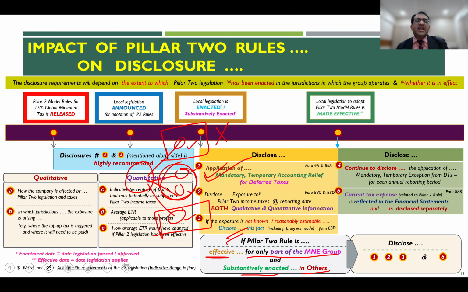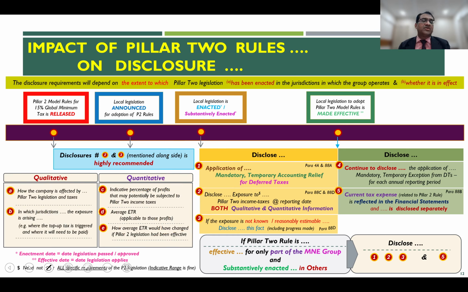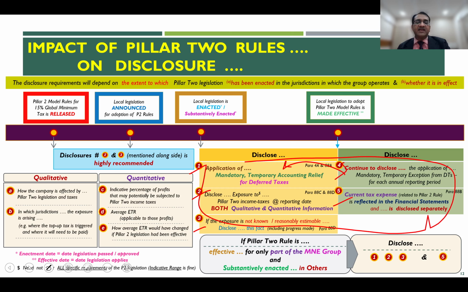So if you have a scenario like this, where you have multiple entities in the group and each of them is currently impacted differently, then you need to disclose all of these 1, 2, 3, and 5, depending upon how the situation in your particular case is. Of course, 4 and 1 are kind of the same. So basically, all of these are something which you need to disclose depending upon the facts applicable to you.